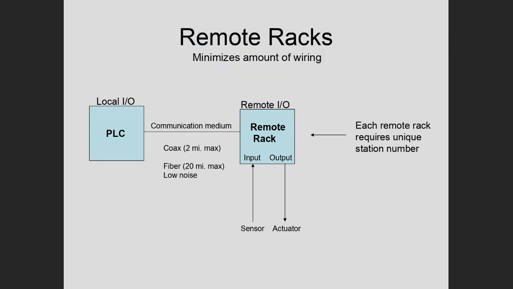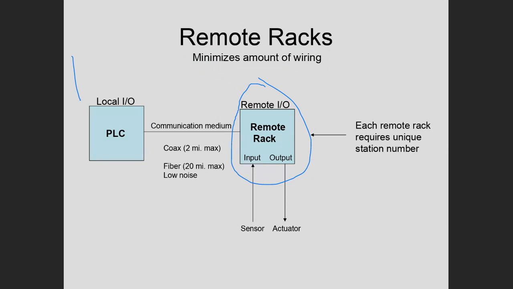Digging into this slide a little bit more, when you have a remote rack or a remote PLC, I can have just the rack connected remotely, or another PLC that talks to a PLC. Pretty much anything you can do with a computer, you can do with a PLC, because a PLC is a computer.